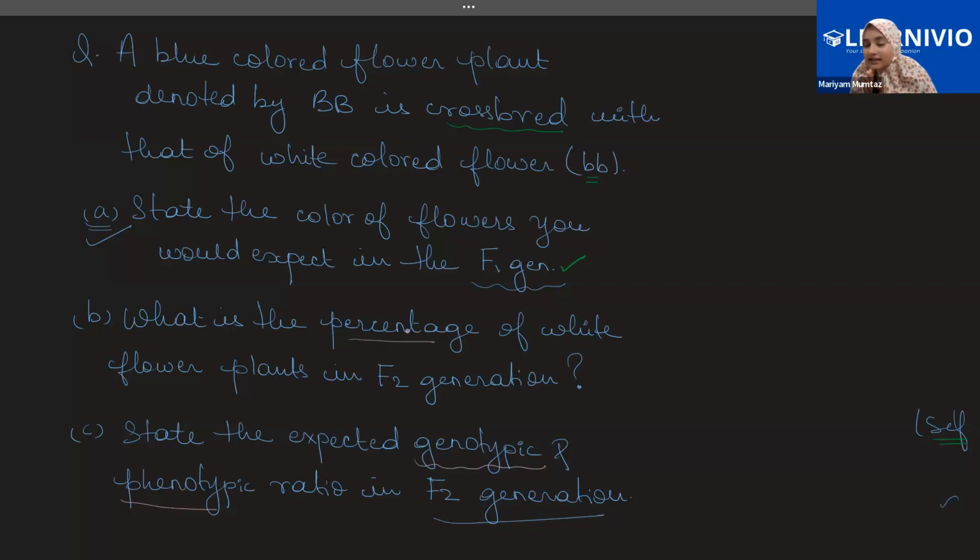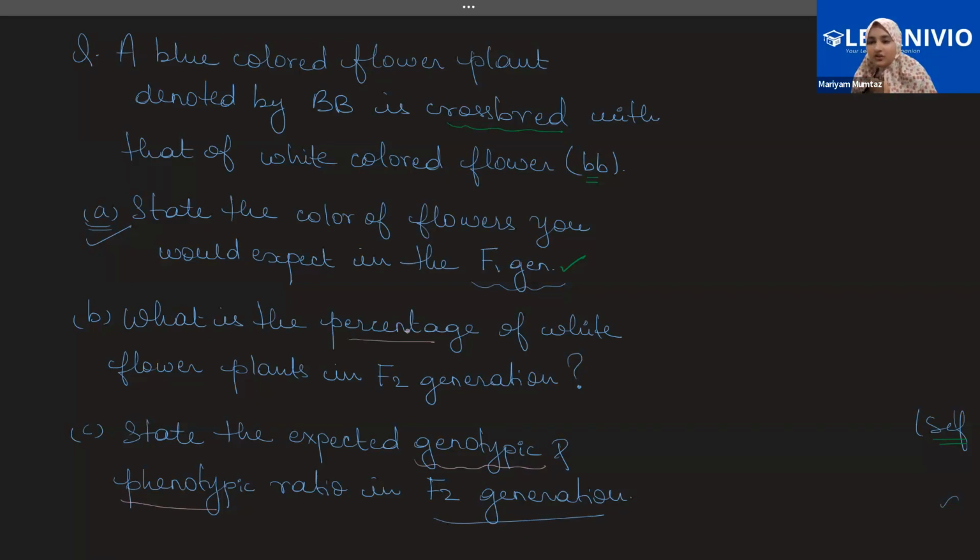Again, phenotype is external appearance. It doesn't matter whatever the genotype is. If I say capital B is tall, capital B small b is also tall. So it will be blue, blue, blue, and white.